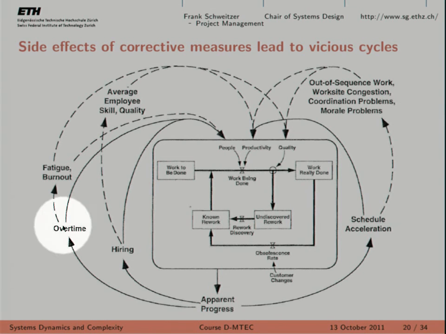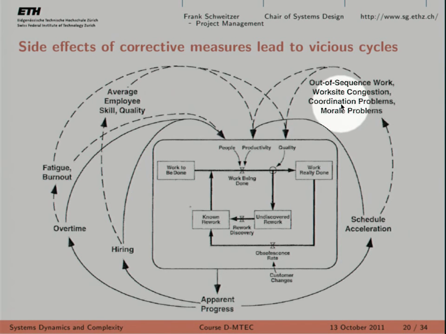You ask people to work overtime. What may happen is they get tired, they burn out, suddenly some of your best people start to leave the company, they go to the competitors. So this, again, would affect your productivity, right? Another example is you accelerate the schedule. Basically, you ask people to do more things in parallel, for instance, which causes congestion, people waiting to use the same machine, for instance, and coordination problems, obviously.